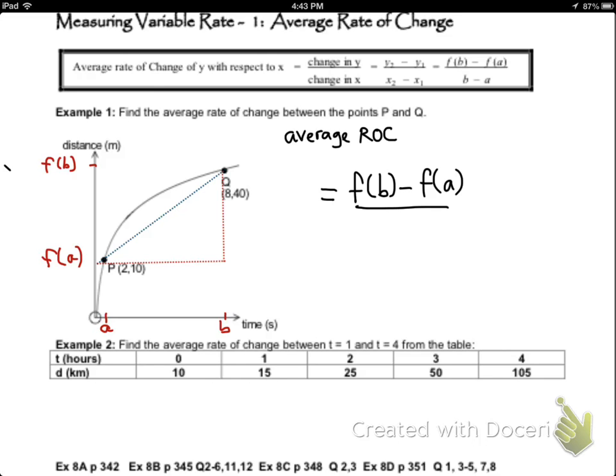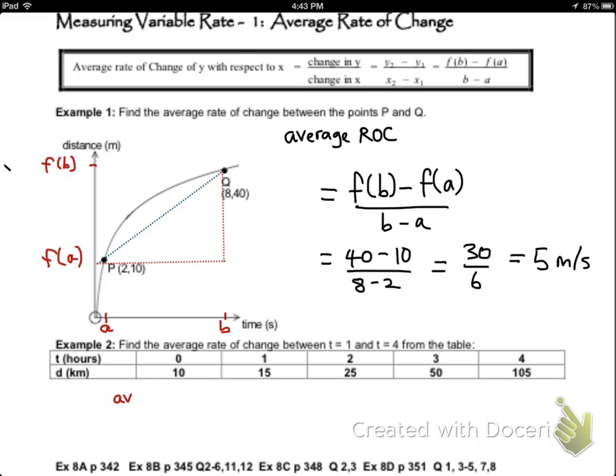That f(b) minus f(a), remember, refers to this length here, which is really the rise in the gradient formula. And the difference b minus a is from a to b here. That distance is the run. Using the values from our points, that gives us 40 minus 10 over 8 minus 2, which is 30 over 6, or an average rate of change of 5 meters per second.